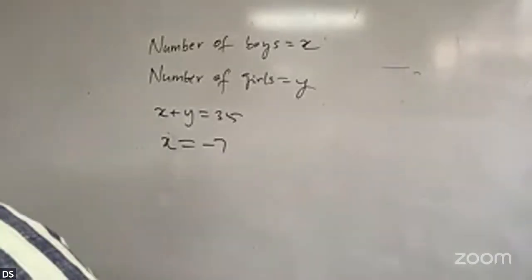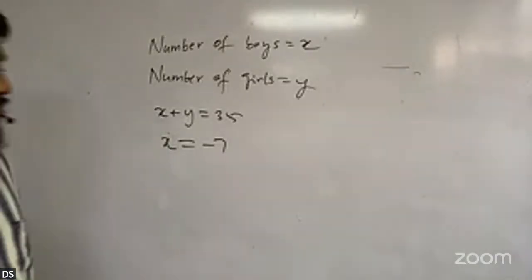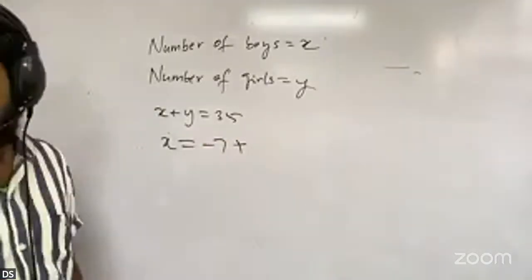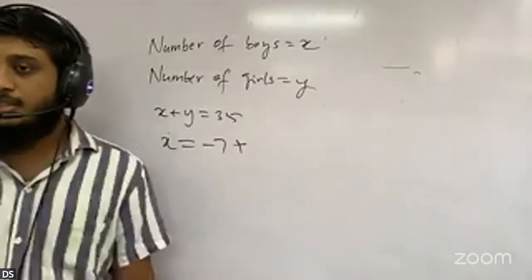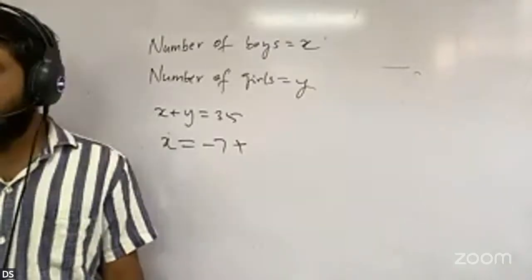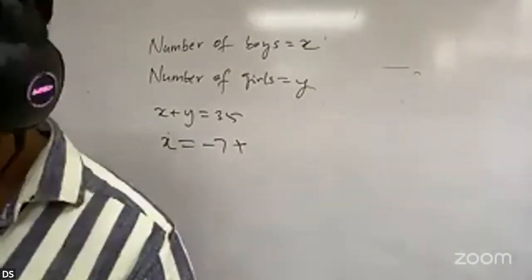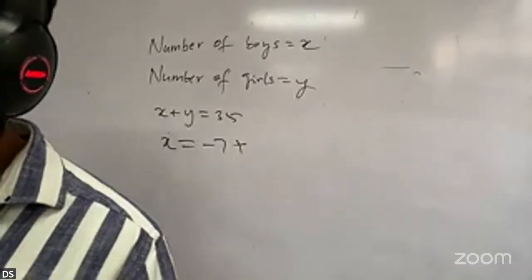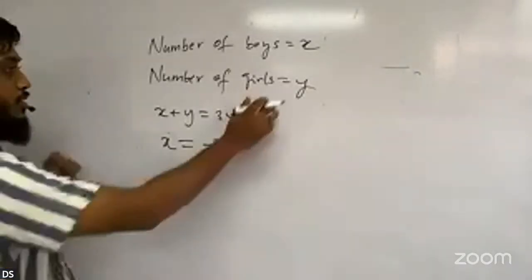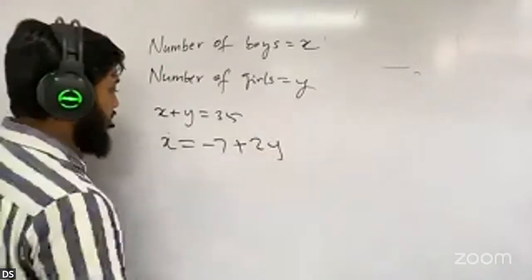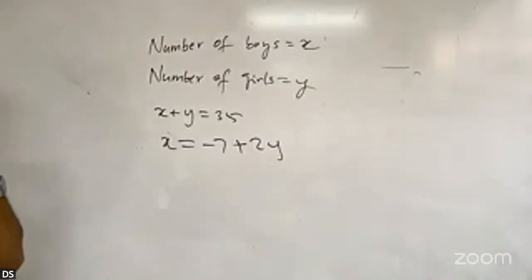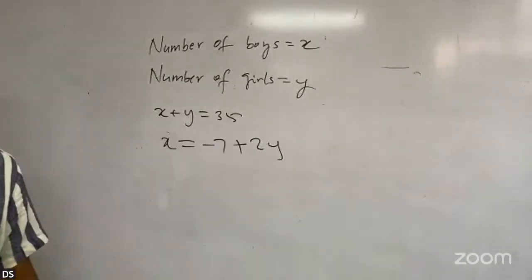"Than" means plus. Is 7 less than twice the number of girls. Twice the number of girls, then what should you write? 2y. You can write x equals minus 7 plus 2y. So these are the two equations.